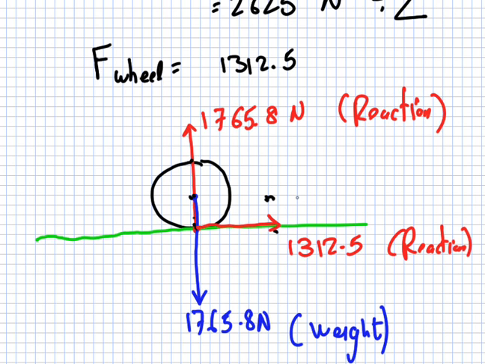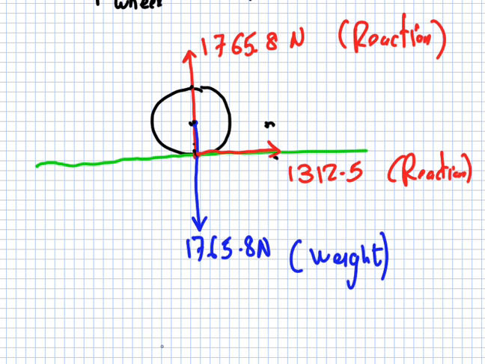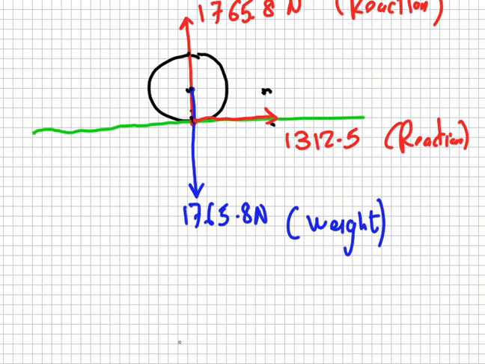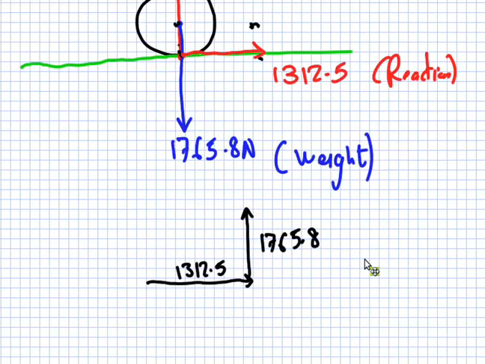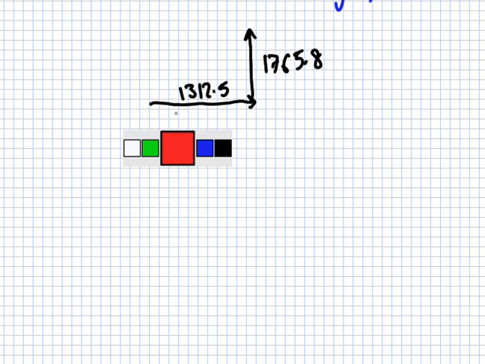What we have is a triangle. The force to the right is 1312.5, and the force going up is 1765.8. And they would like you to work out the magnitude and the direction.